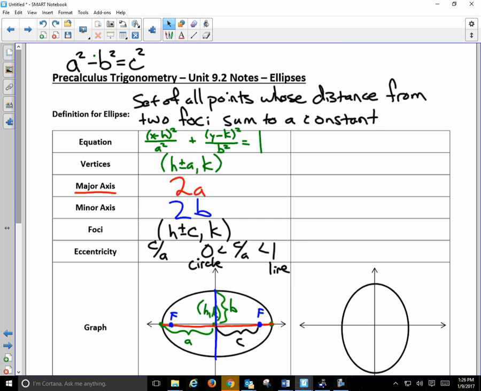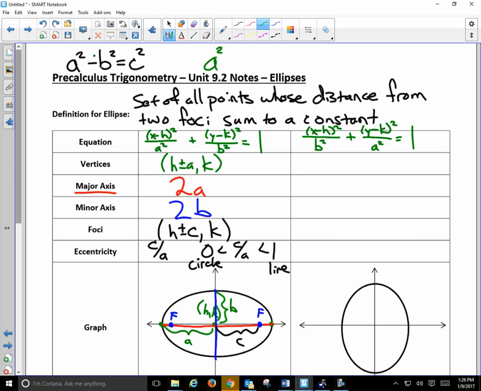So let's do the vertical one. Now you can see the difference between the horizontal one and the vertical one. The vertical one looks like this: x minus h, quantity squared, over b squared, plus y minus k, quantity squared, over a squared, is equal to 1. What's the difference between the two? A and b are flipped.